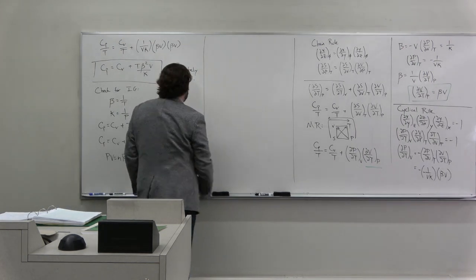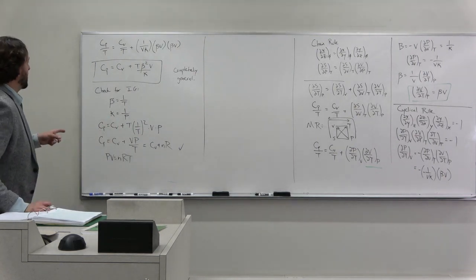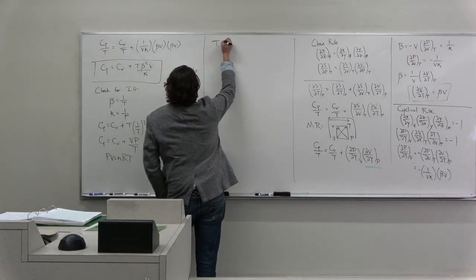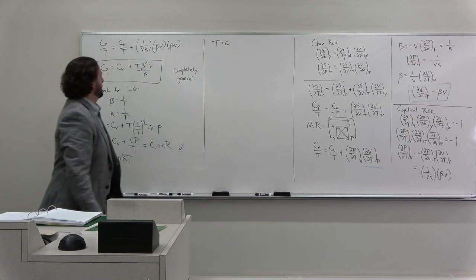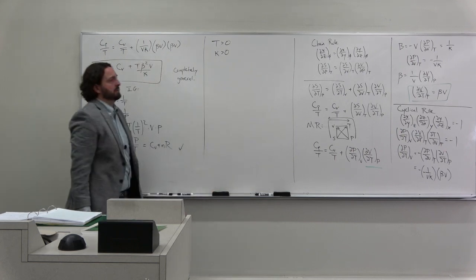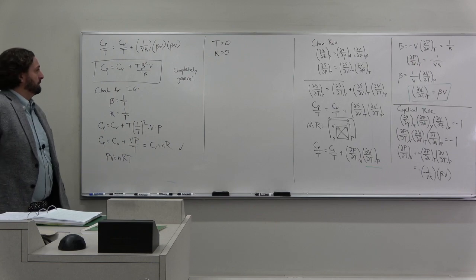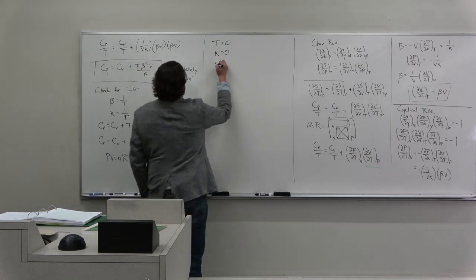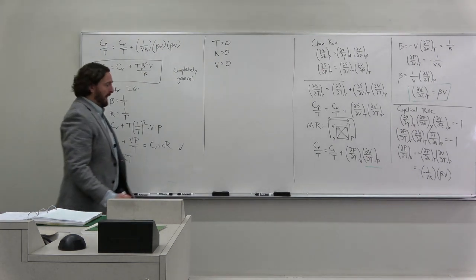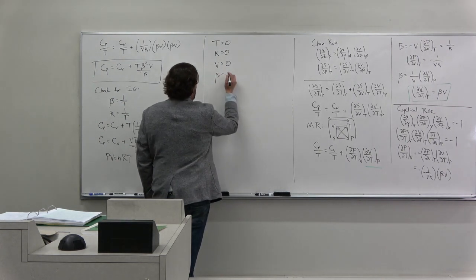Okay, a couple more notes about this relationship between Cp and Cv. The first one is the sign. T is always positive. Kappa is always positive. V is always positive. Can't have a negative volume. And beta can be positive or negative.